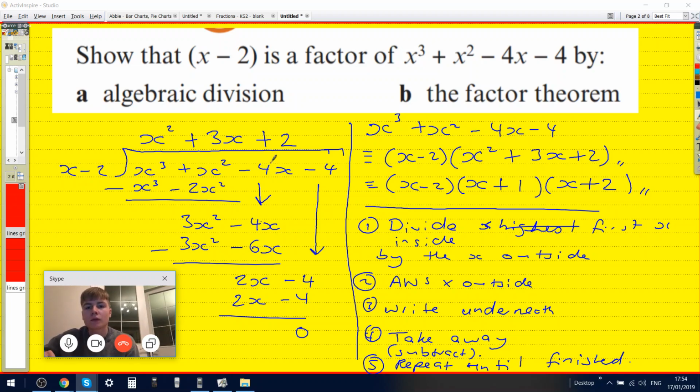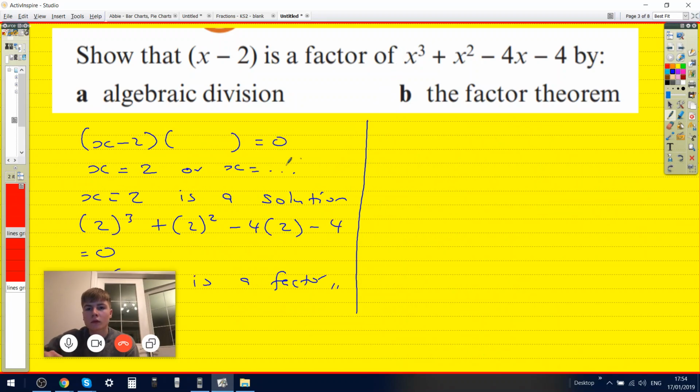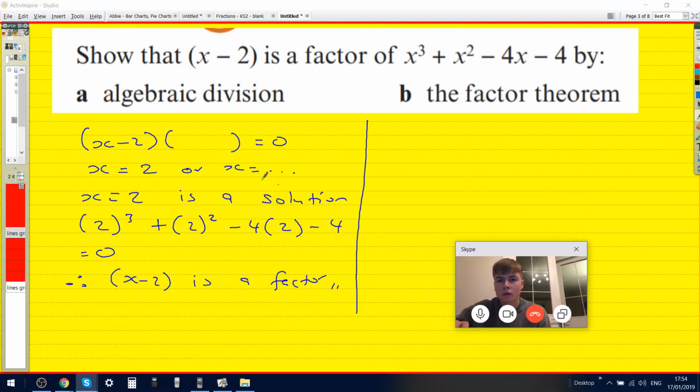Okay, so yeah, algebraic division is a way to, it can be helpful for factorizing an expression. A quicker way to factorize an expression, if it was just x squared, it wouldn't be too bad. A quicker way would be to, well, how could you find factors for a cubic expression?